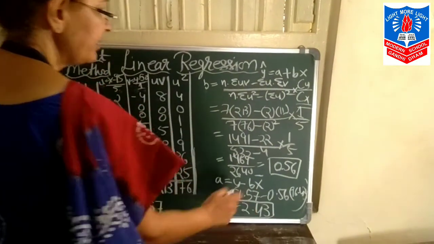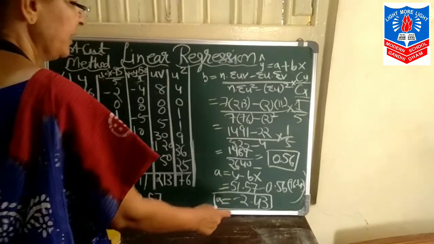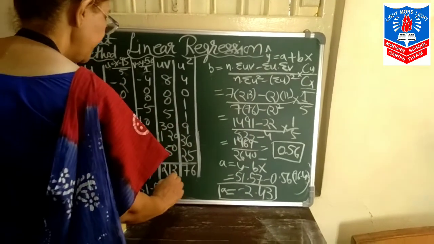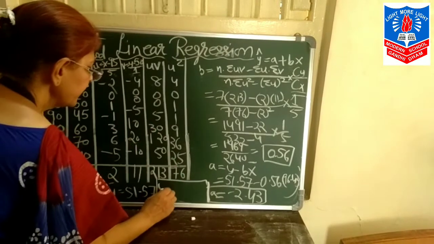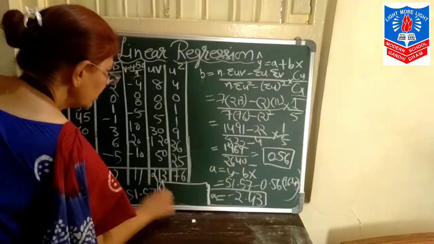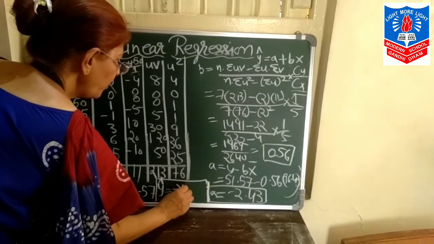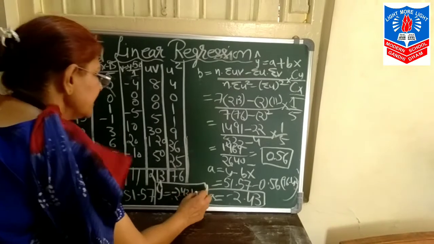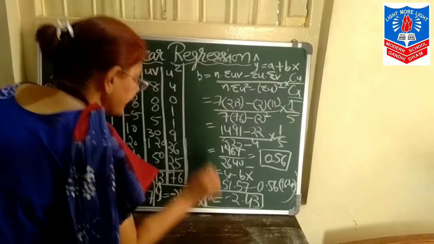Now sometimes you get the value in minus also, no problem. Now these both values, a and b, we put in the equation, and here I am writing because space is not there. The estimated value of y will be minus 2.43 plus the value of b, 0.56x.